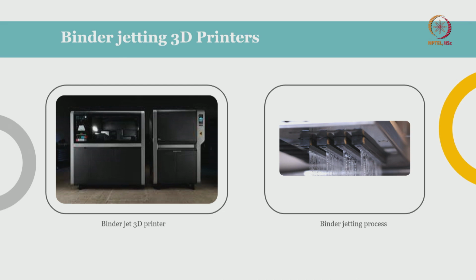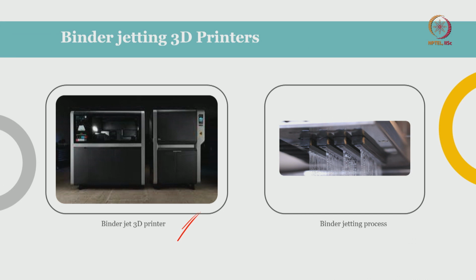So now you can see a commercially available binder jet printer here, and next to that picture you can see how the binder jetting process works. I strongly believe this will give a clear picture of how the printing is done. You have really minute holes, at micrometer levels, in your print heads, and each print head has individual controllability, and this will jet binders.